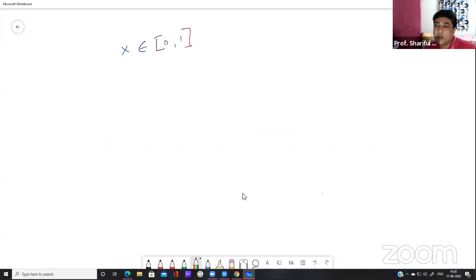Question: how many possible values of X are there? First of all, these possible values are infinitely many. The next question: is it countable? Obviously, we know these values are not countable. If it is not countable, we cannot write down these values as x1, x2, and so on.